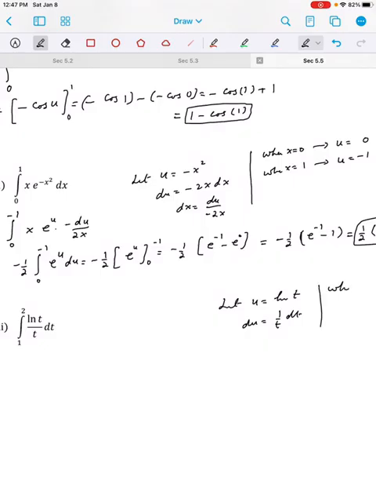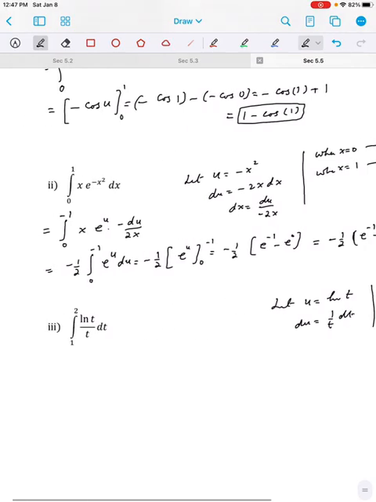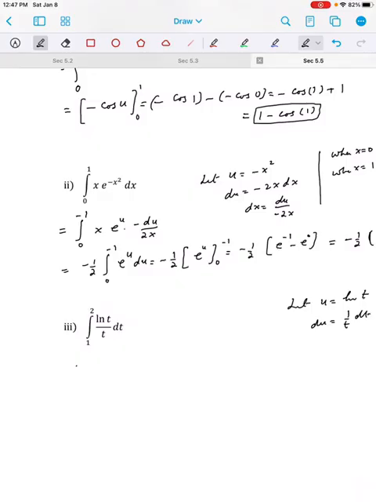And limits. So when t is 1, this implies u is ln of 1, which is 0. When t is 2, u will be ln of 2. Okay, so now we come back here, do the substitution.